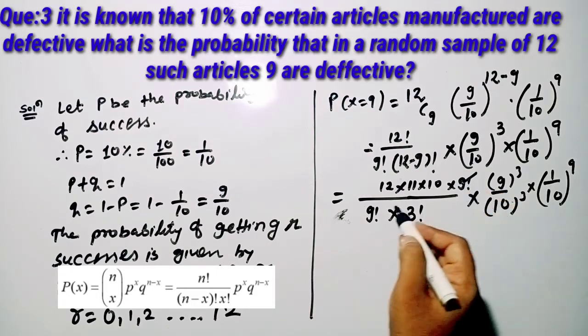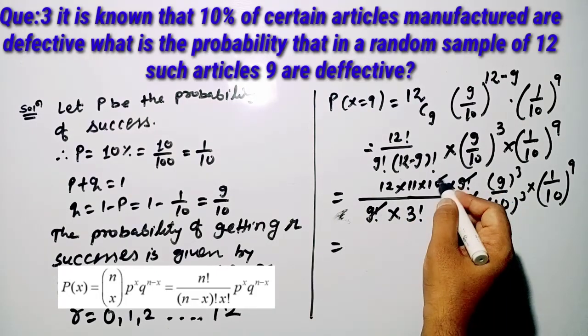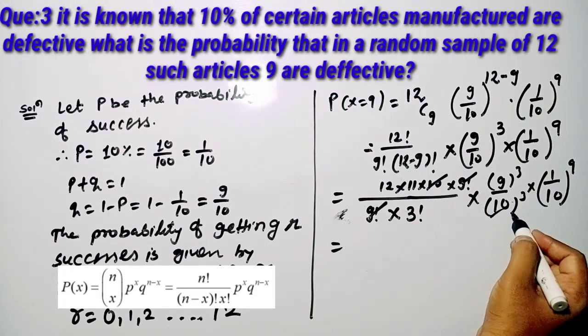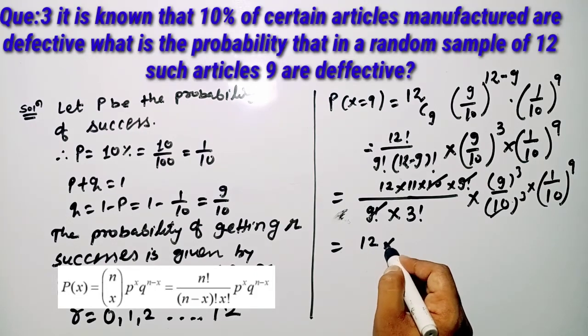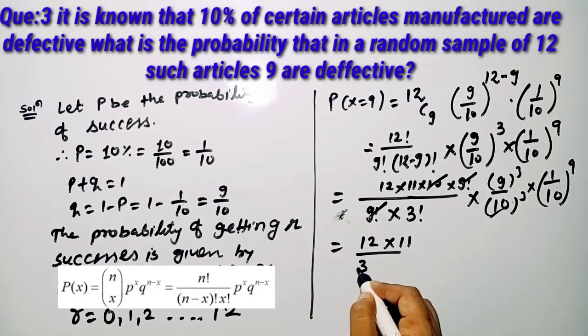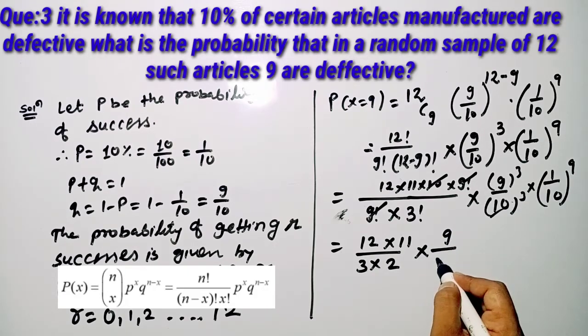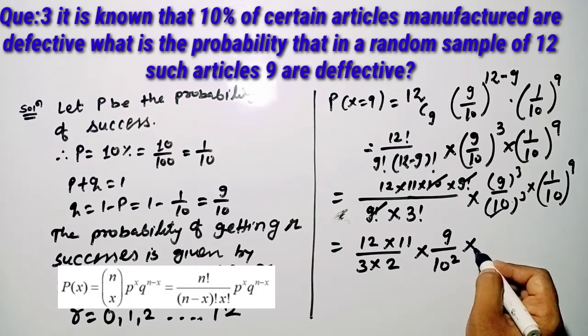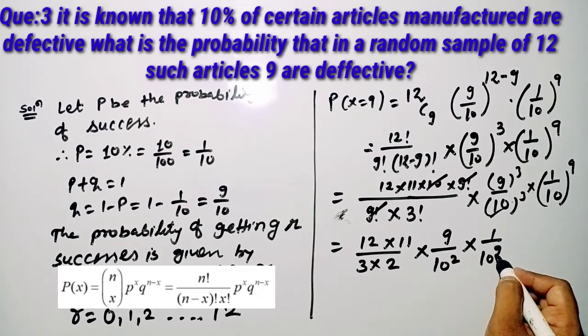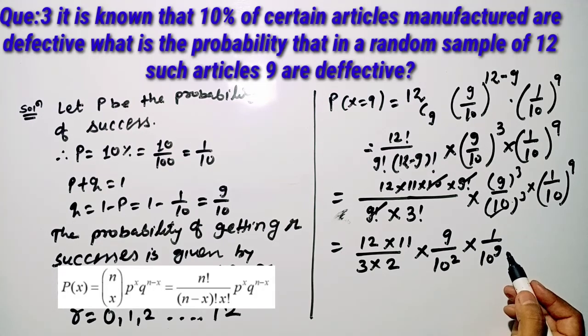So students, here 9 factorial will be cancelled out, so we are getting 10 factorial, and 10 to the power 3 will be cancelled by 10, so there will be 2 times 10, so 12 into 11 over 3 into 2, so 9 by 10 to the power 2, and 1 upon 10 to the power 9.